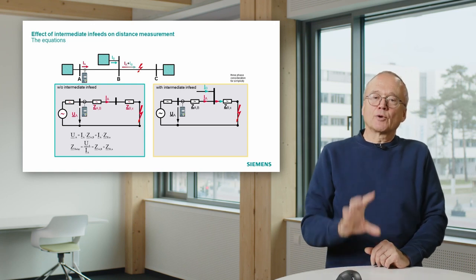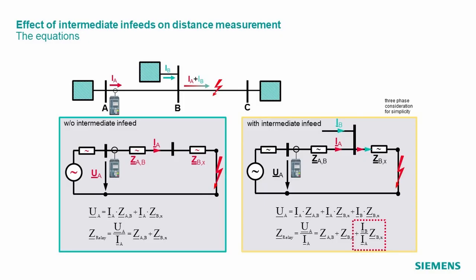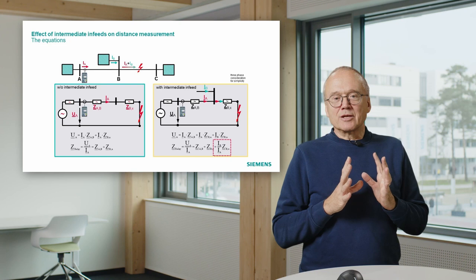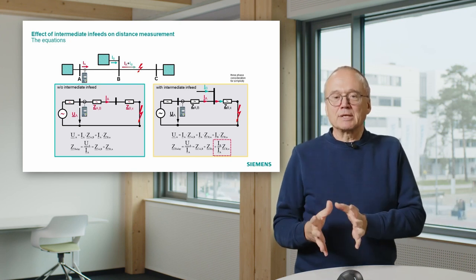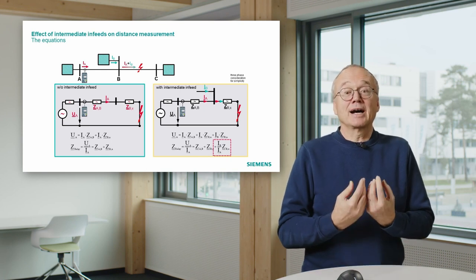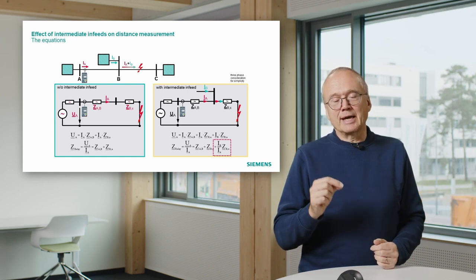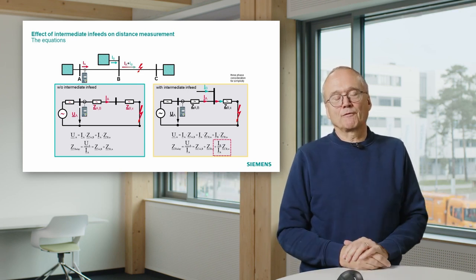If we do the same thing for this right situation with intermediate infeed, the equations change a little bit. And if you write down the equations, you again get this red dotted box with a ratio IB over IA. That means you see an additional impedance. That means the measurement gets a measurement error, it gets a higher value, and the value is IB over IA multiplied by this impedance of the line.